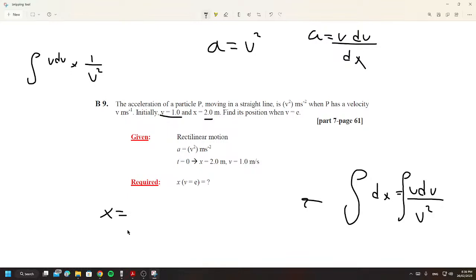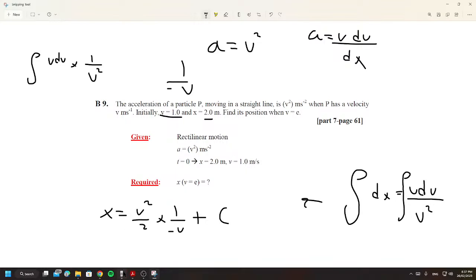So the integral of v dv is v squared over 2 times, what's the integral of 1 over v squared? v to the power negative 2 plus 1, so negative 1, so 1 over negative v. Is that correct? Yeah, I'm pretty sure that's correct. Plus c. So now we're going to solve and try to find c.